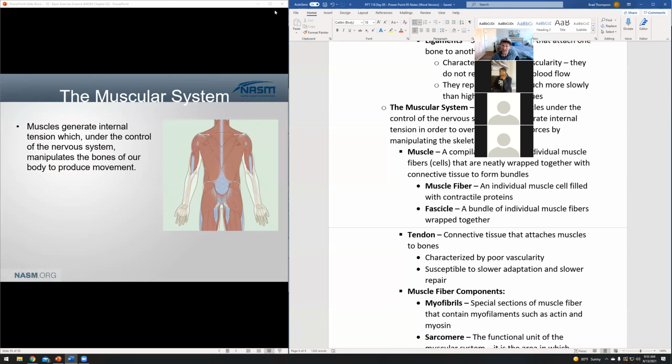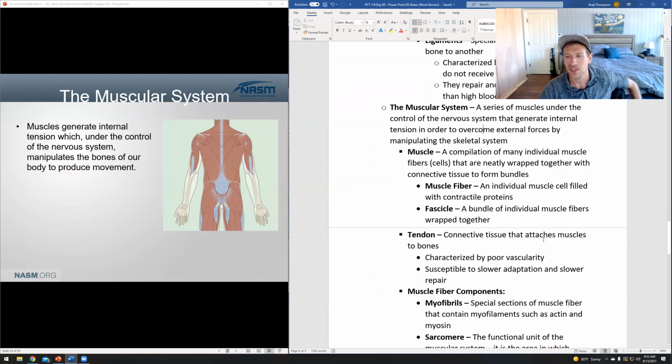All right, let's take a look at our muscular system. Your muscular system is a series of muscles under the control of your nervous system that are generating internal tension in order to overcome external forces. They're specialized organs with contractile proteins that are really good at grabbing each other and sliding around.